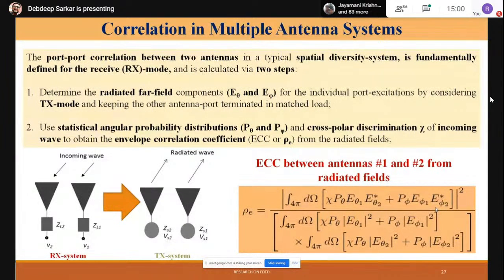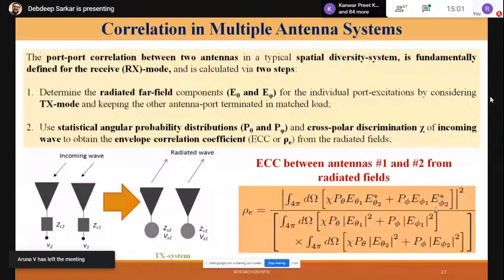But the problem comes in a different way. It is not wrong, but it is not complete either. The S parameter based PCC calculation will give you the correlation in the uniform propagation environment. So if you operate in that environment, it is fine.